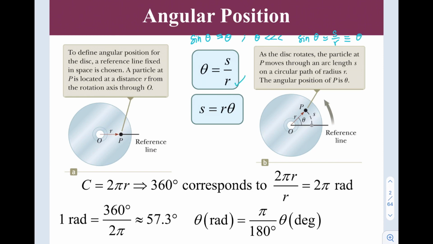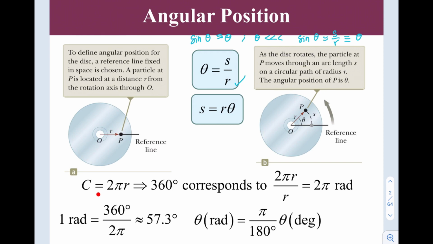That is how we manage to get this. So theta is equivalent to s over r. To know the arc length, the linear displacement of point P throughout the motion covering theta in terms of angular position, it is equivalent to r theta.